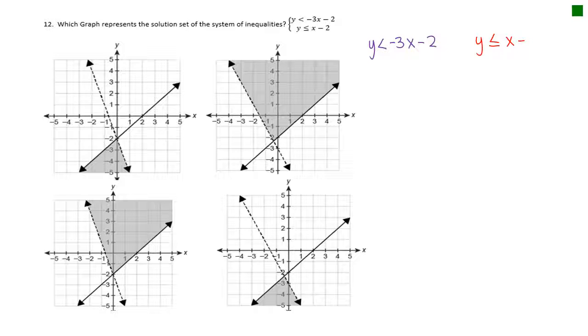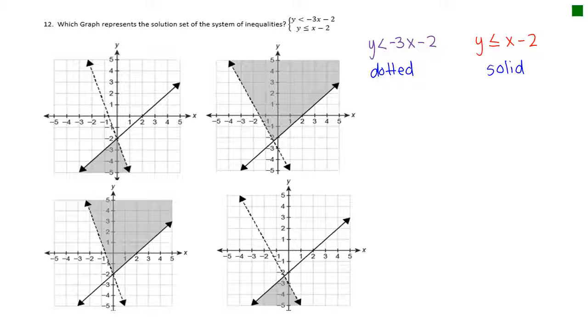We know that the first graph, the top one, is going to be a dotted or dashed line, and the bottom one is going to be a solid. So let's make sure we have one dotted and one solid. Okay, and we do on all of them. So we can't eliminate any based off of the type of line.